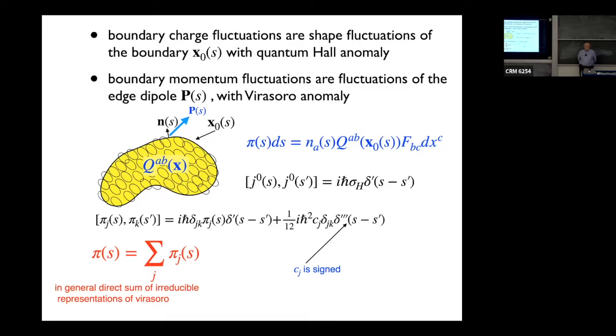Sorry, I just have a question. In your last lecture, you argued that the confining potential for the quantum Hall liquid would actually deform the shape at the edge. That's not necessarily going to be the shape of the bulk, right? It'll be whatever it actually is at the edge.